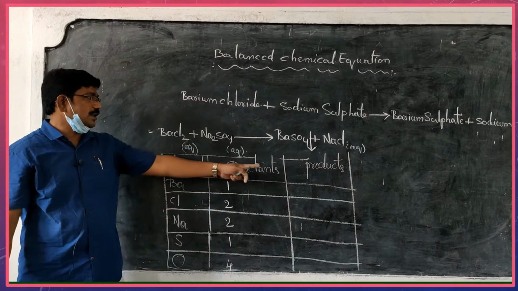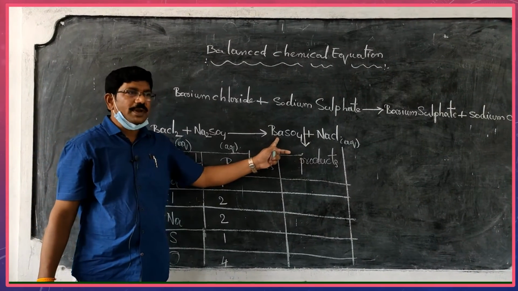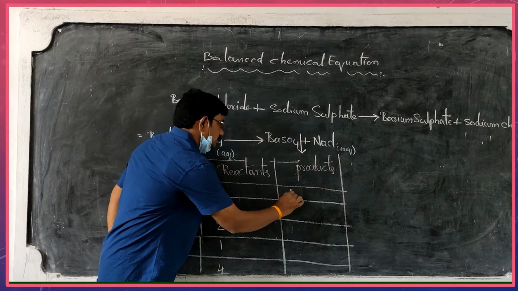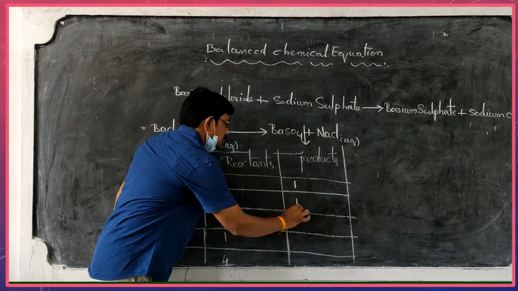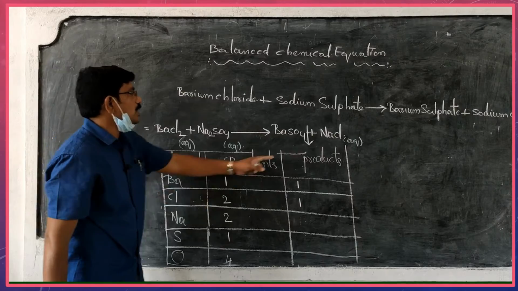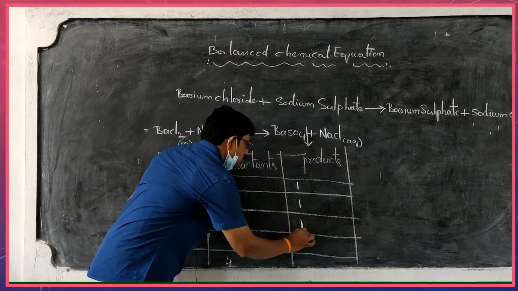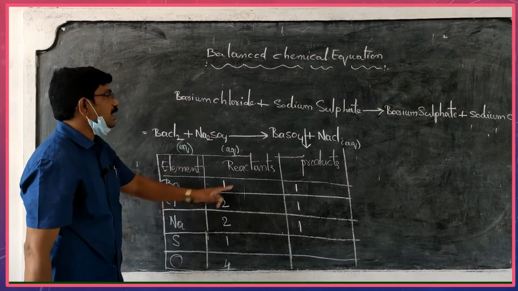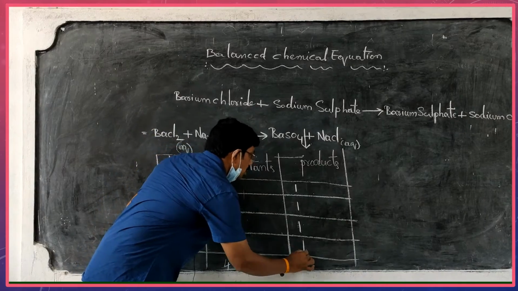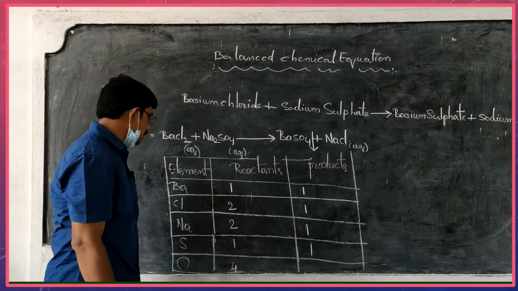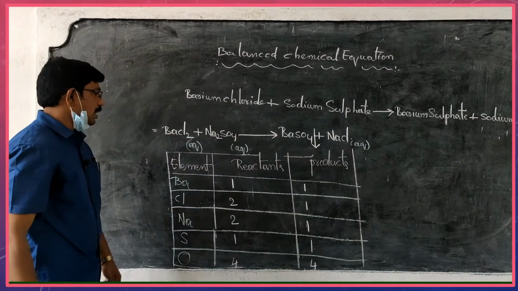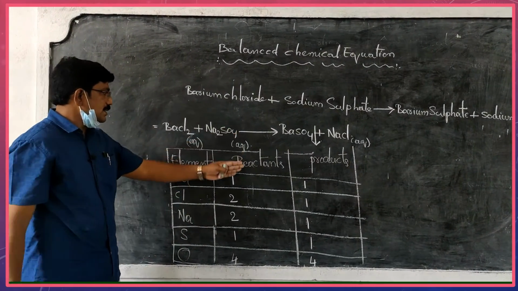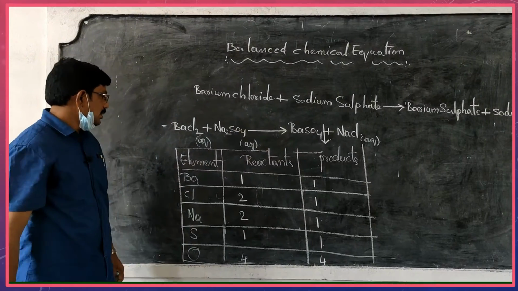Now come to the product side. How many barium atoms are present? One. Next, how many chlorine atoms? How many sodium atoms? How many sulfur atoms? How many oxygen atoms? 4.